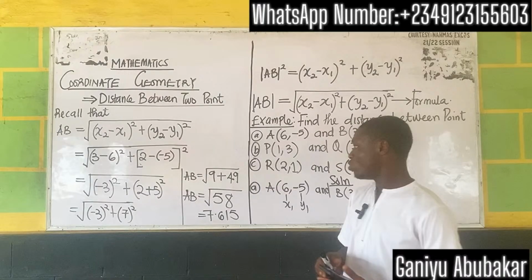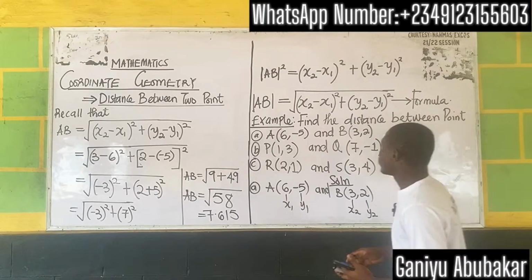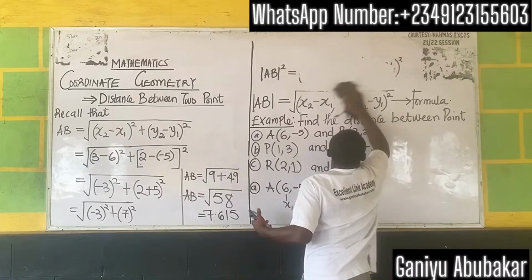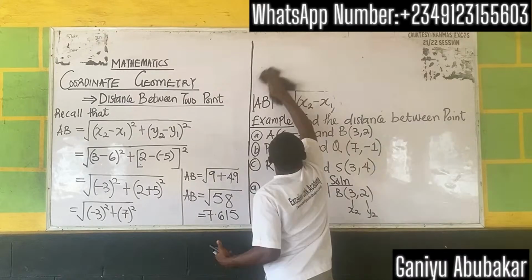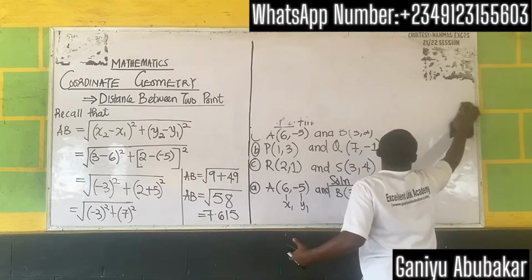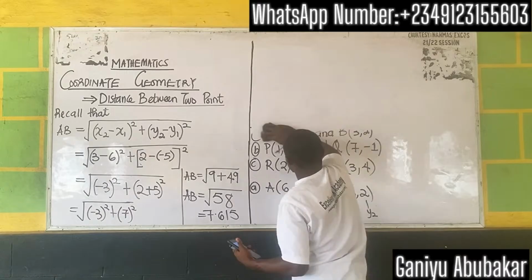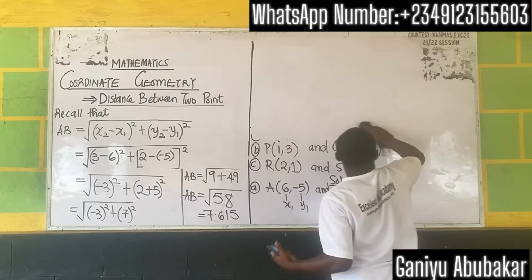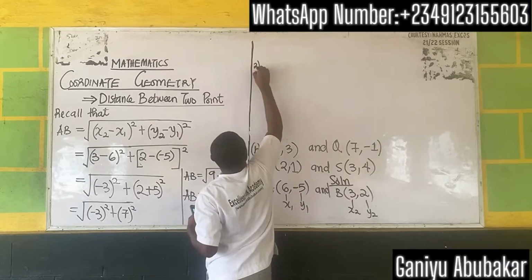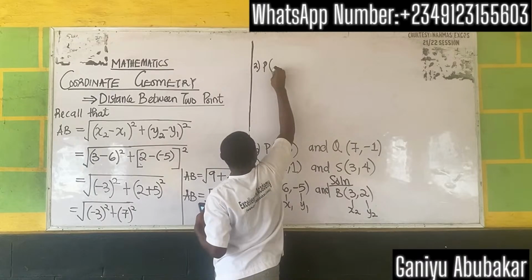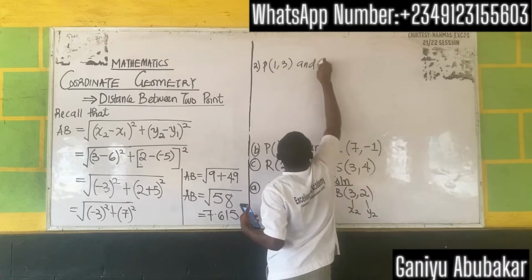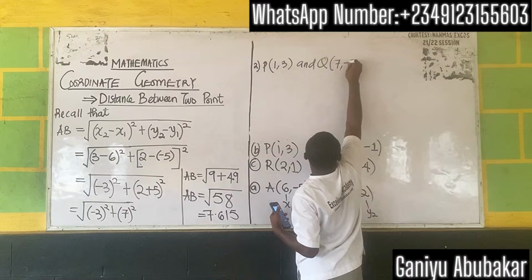Let's do question 2. All right, for question 2, I'm having P, the coordinate there is 1, 3, and Q, the coordinate there is 7, negative 1.